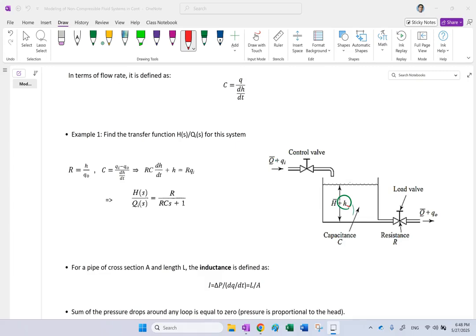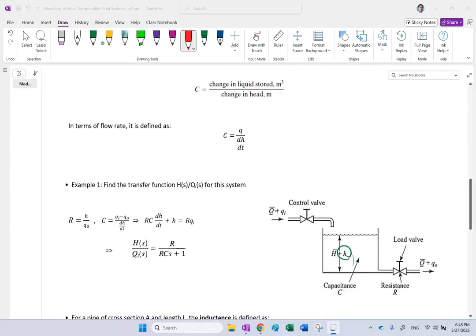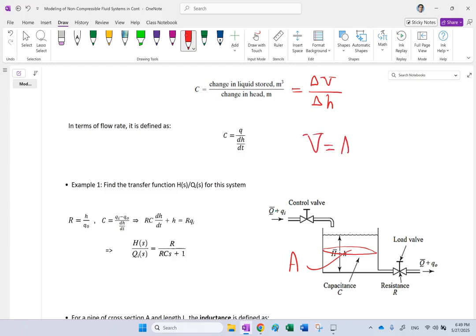One last thing before I go to inductance: if this tank has a constant cross section A, then C is equal to A. This is like the change in volume, delta V, divided by the change in height, delta H, and as you know, V equals A times H. So delta V equals A delta H, and so that is going to be equal to A. So you see that the capacitance for a tank, if the cross-section is constant, is equal to its cross-section.